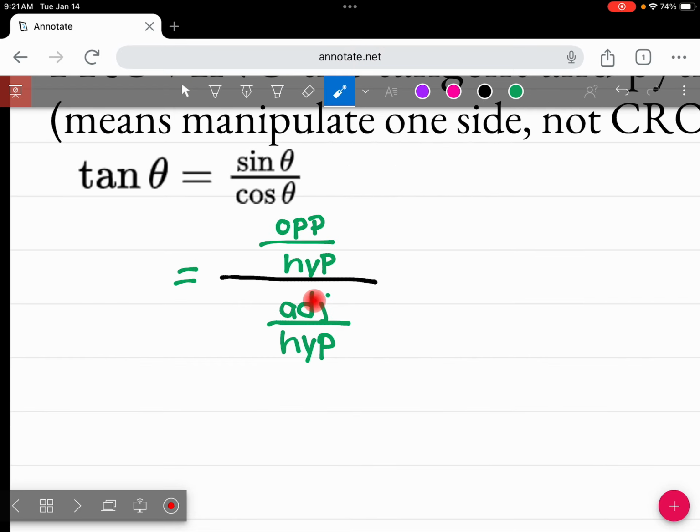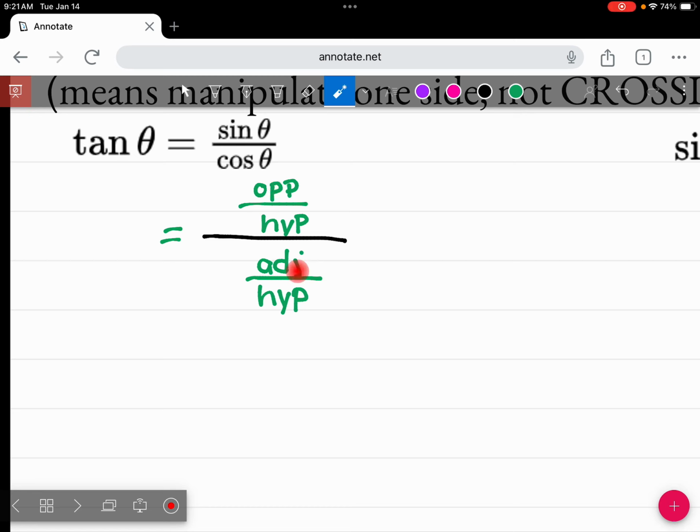When I have a fraction divided by a fraction, we look at that and we go, bleh. Keep, change, flip, take the top and multiply by the reciprocal of the bottom, whatever words you use to think it through. So I'm going to make this be our opposite over hypotenuse times reciprocal of the bottom, hypotenuse over adjacent.